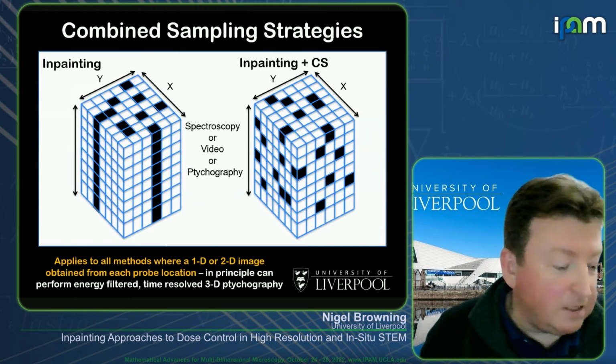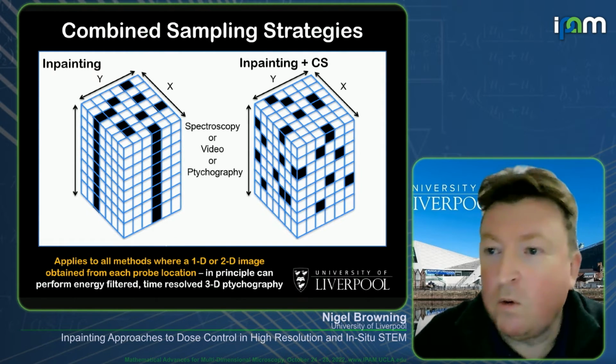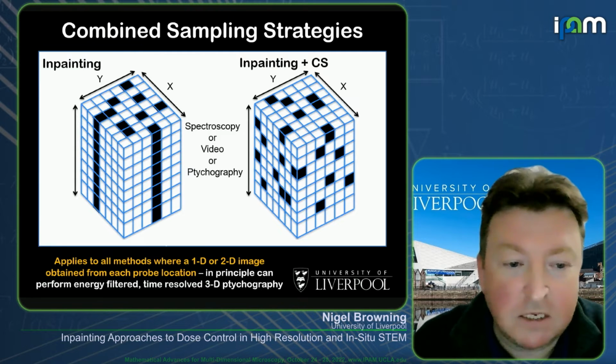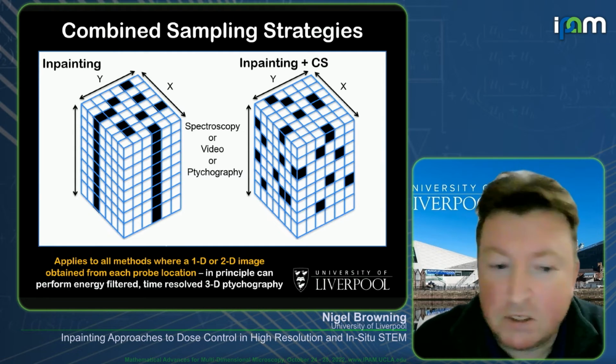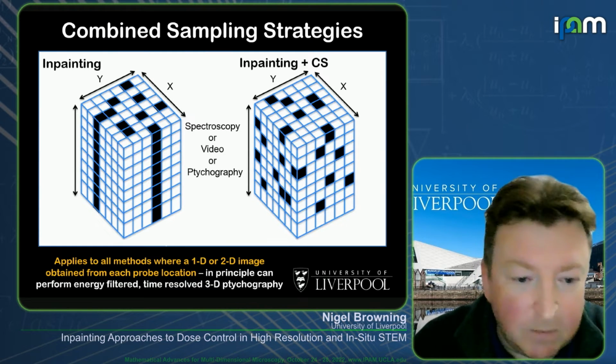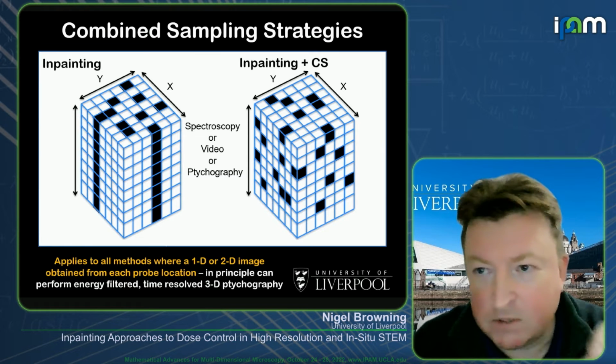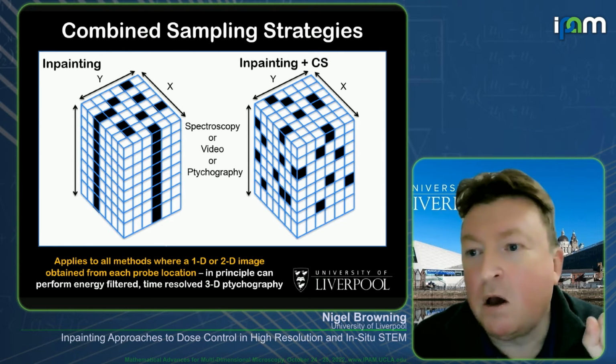Now, this can go into many different strategies that you can do with this. You can go through all kinds of different dimensionality methods where you have 1D, 2D, 3D imaging. In principle, I think we can get a 7-dimensional image out of this, which is an energy filtered, time resolved, 3-dimensional tychography data set.